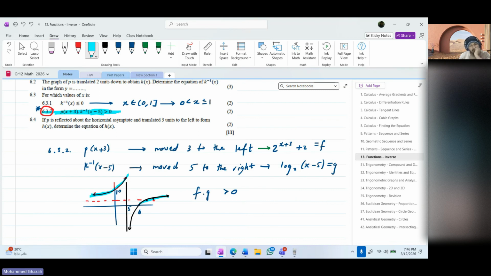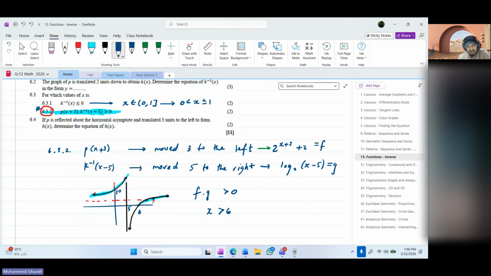But we can't take values less than 5, because then that point will become undefined. So you can only take x greater than 6. So that's my answer: x is greater than 6.